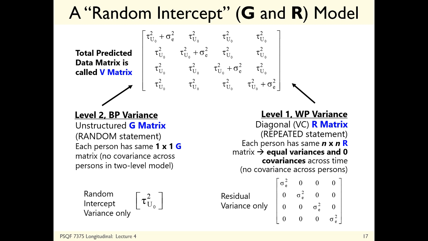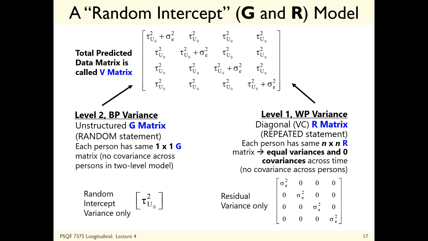So compound symmetry is the total form that you get under this approach if you take a random intercept variance and put it in G. G is level 2, so it's not really a matrix, it's just a scalar. But this G matrix is going to have other stuff in it next week, so we got to learn the words. And then what's left has this VC pattern for the residuals.